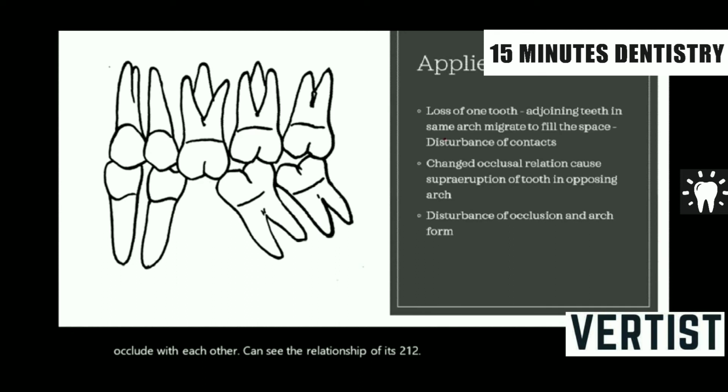Now, what are the applied aspects related to this relation? For example, as shown in this schematic diagram, if the first molar is lost, what will happen? All our teeth keep on moving mesially. This mesial movement is guided by many different factors like the anteriorly directed force or the transseptal ligament.